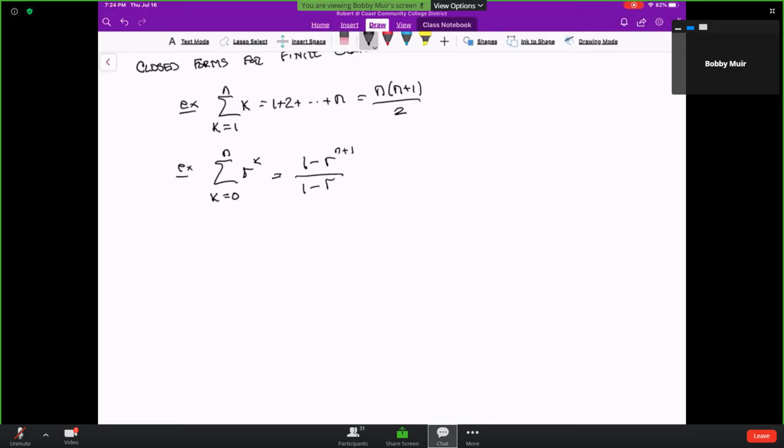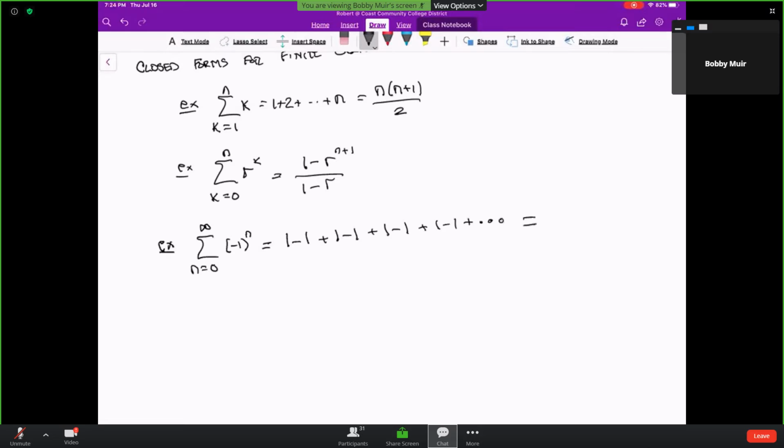But when the list is infinite, things can get kind of weird. So I'll give you an example of this. What would be the sum as n starts at 0 and goes to infinity of -1 to the n? It's 1 minus 1 plus 1 minus 1 plus 1 minus 1 plus 1 minus 1.